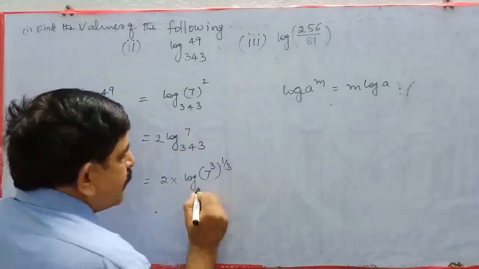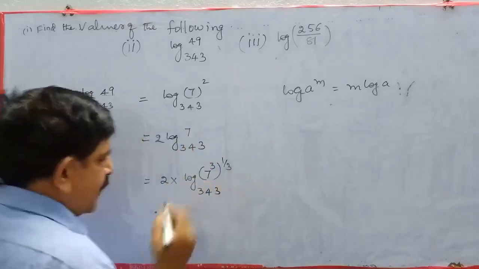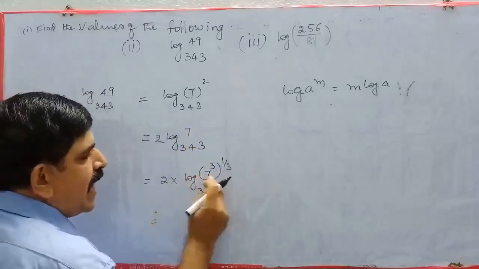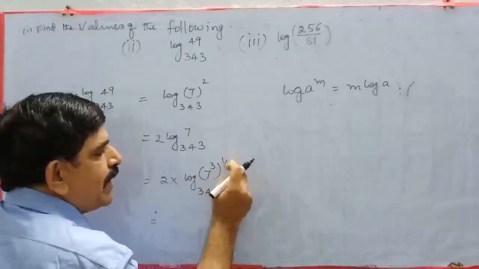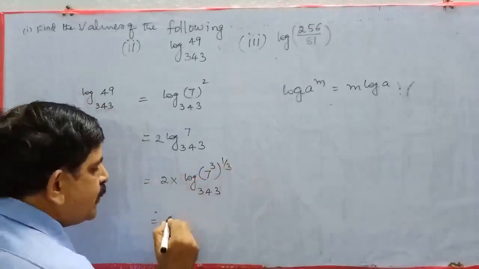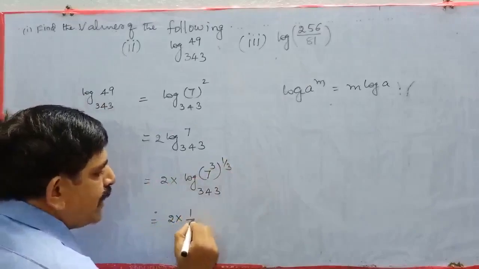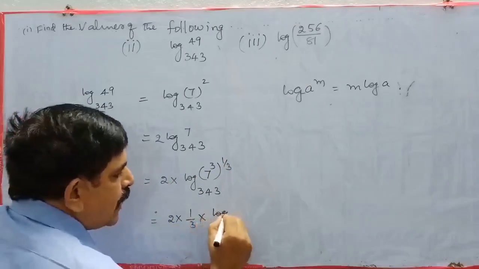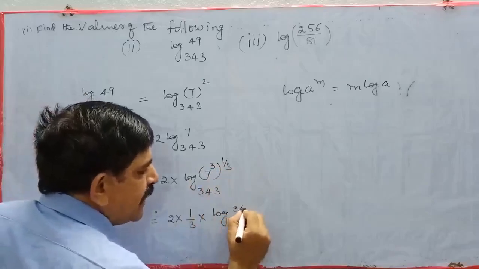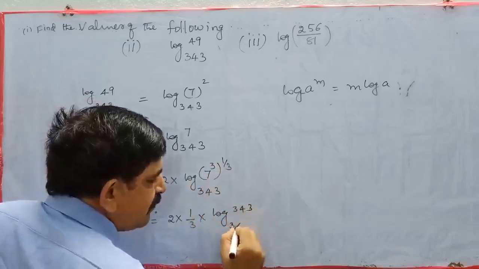Next one, again this is in the form of log a to the power of 1 by 3, that means log a to the power of m, so m log a. So 2 into 1 by 3 into log 7 cube is the remainder. So that 7 cube is 343, base 343.